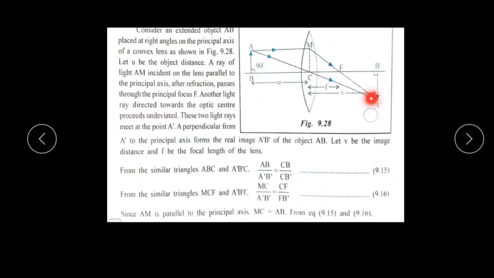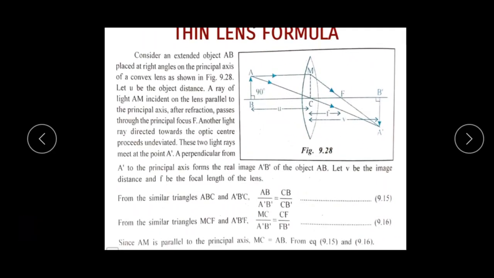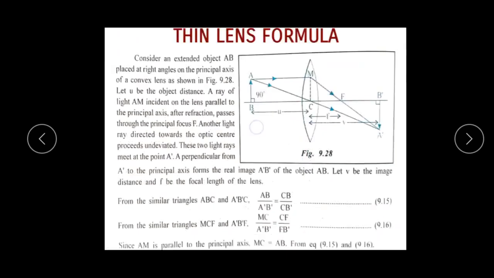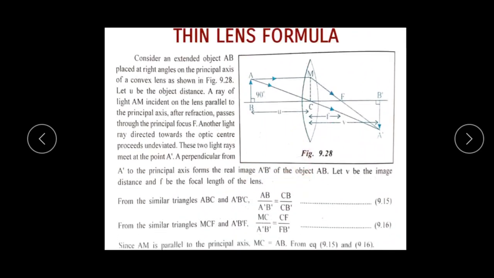Another one is A dash B dash C. Due to similar triangles, this can be written as AB divided by A dash B dash equals BC divided by B dash C. If there are two similar triangles, in such a condition we can take AB divided by A dash B dash equal to BC divided by B dash C. This is equation number 1.